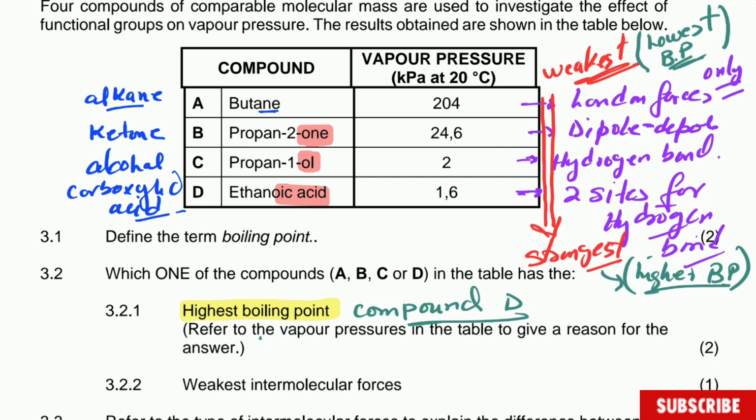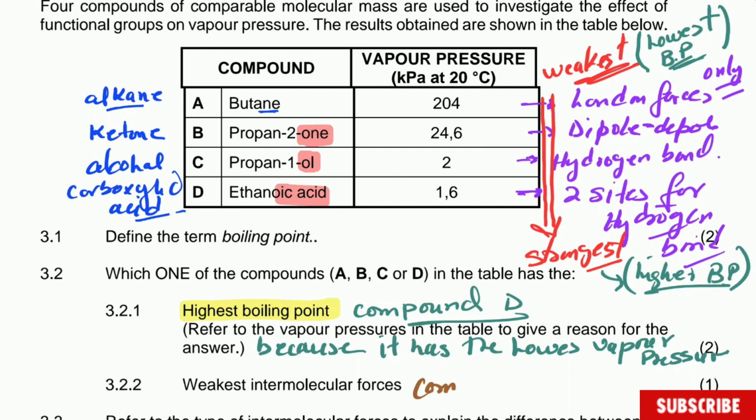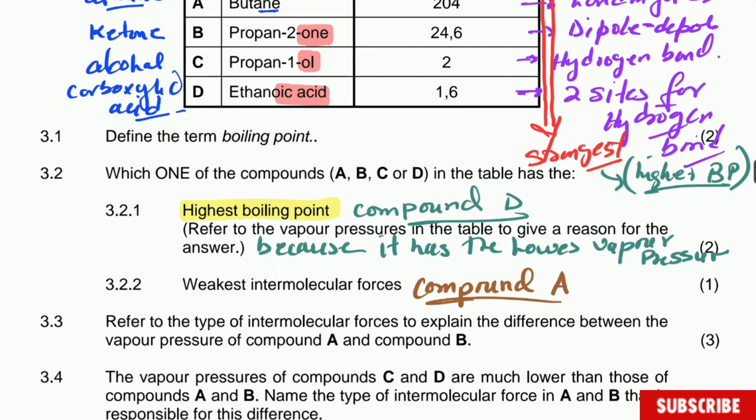You can say because it has the lowest vapor pressure. Now, weakest intermolecular forces, well guys, we already said that, they don't say explain, in this case is compound A. So compound A, there we go.